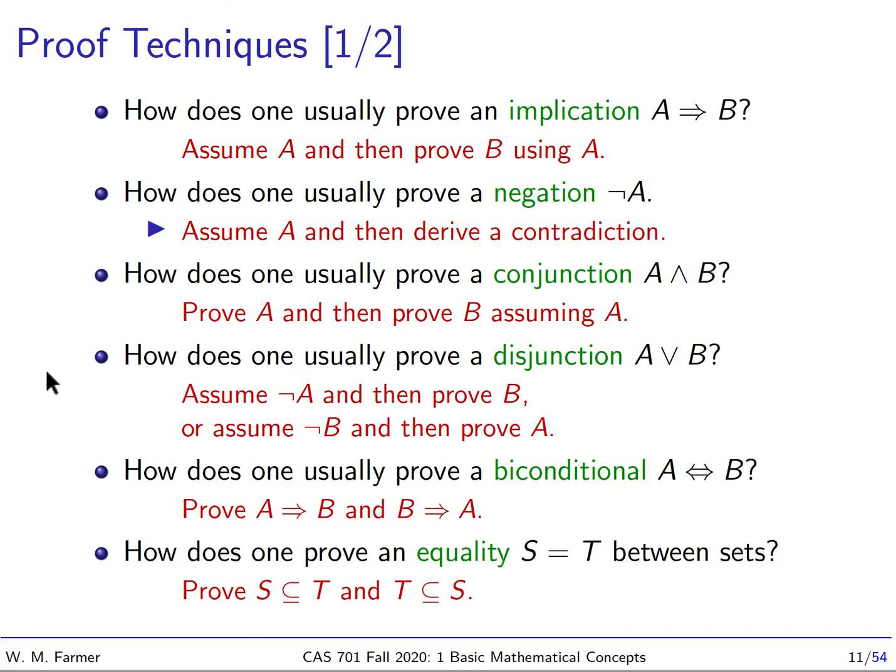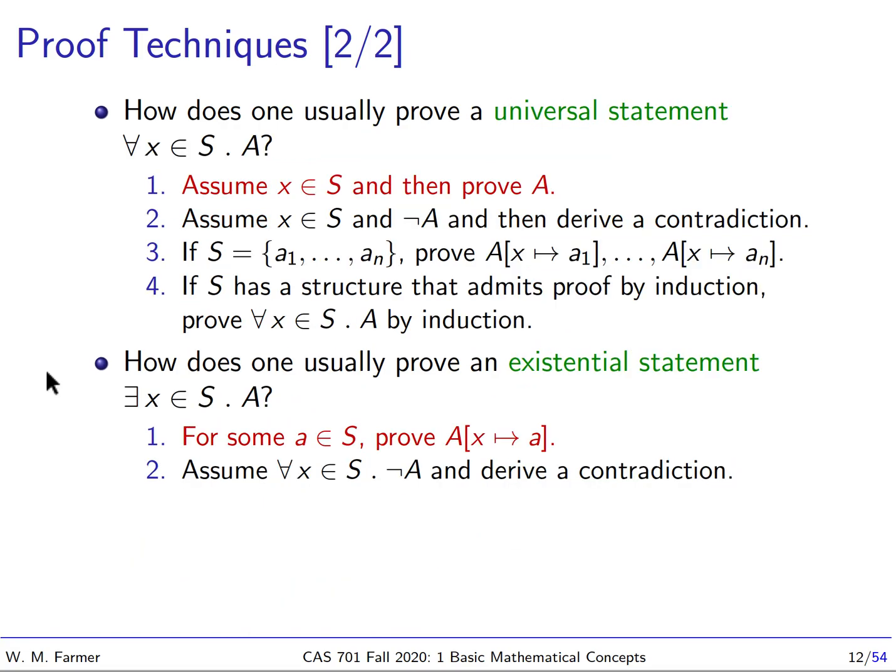So that's the first set of proof techniques. The second set deals with universal and existential quantifiers, or universal and existential statements. So let's say I was trying to prove the universal statement for all members X in a set S, the formula A holds. The most obvious way to prove this is I choose an X from S that's arbitrary.